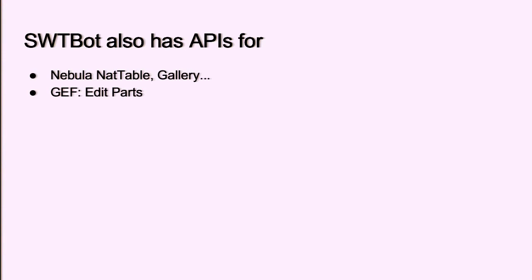So edit parts are the brain of an object in GEF, and you get an API which we won't demonstrate, that's why we go fast. But the API looks like bot.editPart with the label of the edit part, .move or even delete, and usual operations people do with graphical edit parts on an editor.